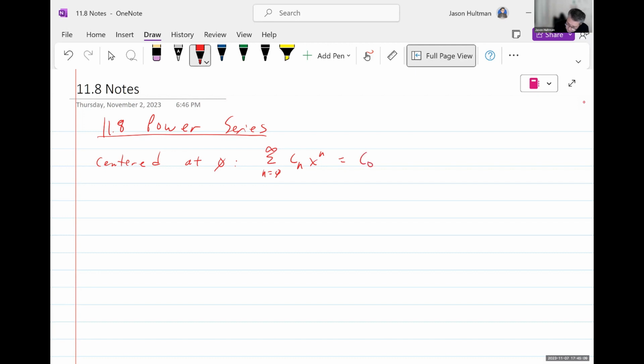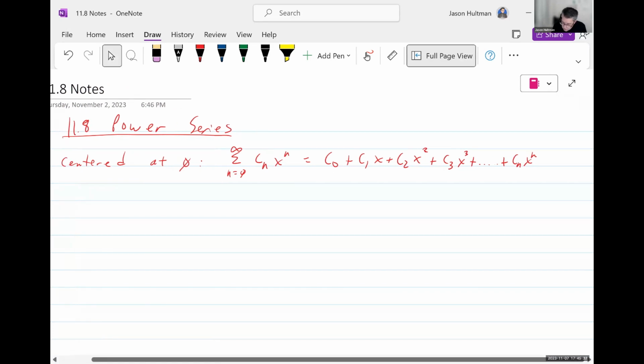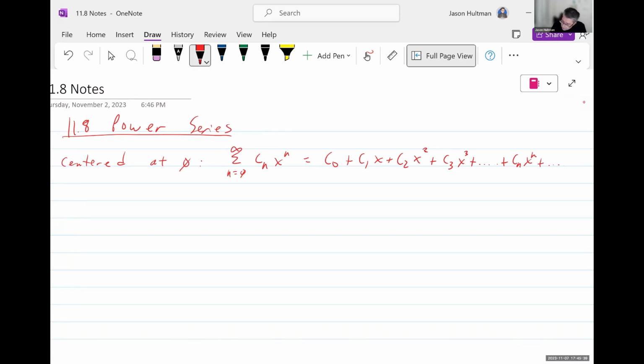This is equal to c_0, the 0th constant, plus c_1, the first constant, times x, plus c_2 x squared, plus c_3 x cubed, plus dot dot dot, plus c_n x to the nth, and then it continues on forever.